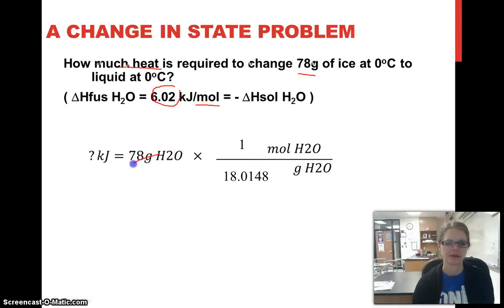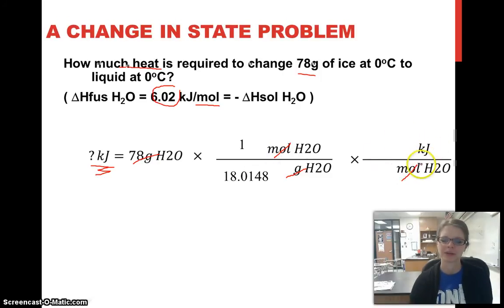Now my grams cancel, grams on bottom, grams on top. I'm left with moles on top, so I've got to have another fraction because I'm trying to get to kilojoules. So I've got to have moles on the bottom of my next fraction, and I do. Moles on the top and moles on the bottom will cancel. I've got kilojoules on top now, and that's where I want to go. The molar heat of fusion tells me per 1 mole, I need 6.02 kilojoules.